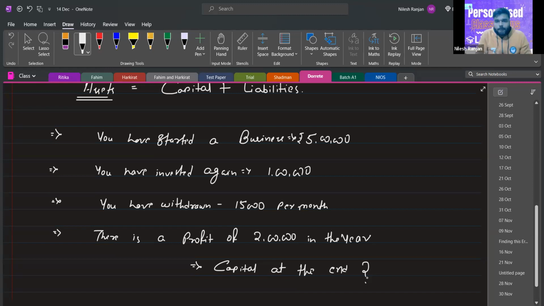So let's say you had invested your 5 lakh into the business, so your capital is 5 lakh now. Now you have invested 1 lakh more into the business. Then what will be your capital? 6 lakh, yes.